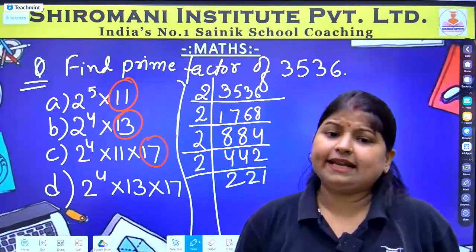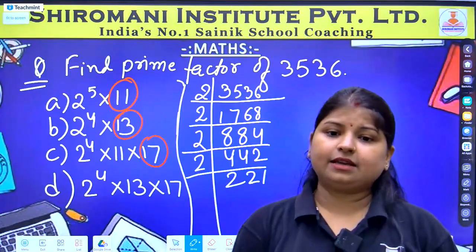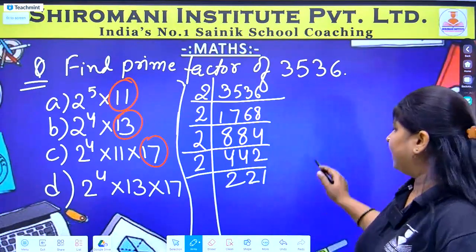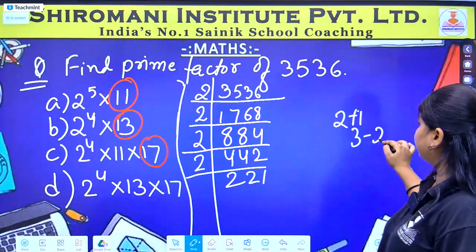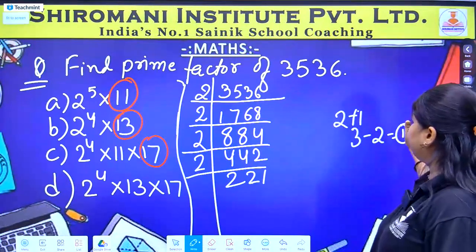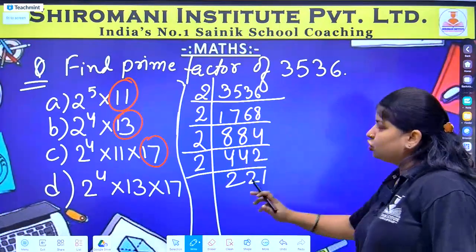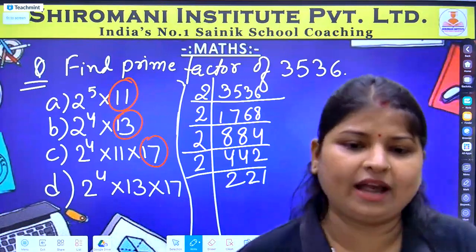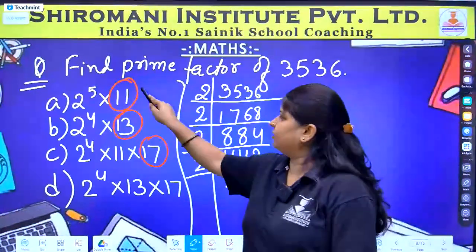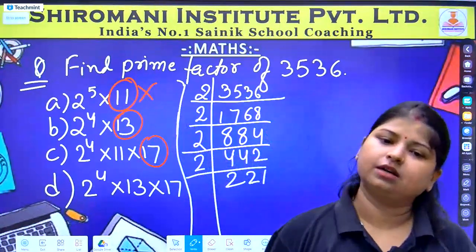But 11, so I know the short trick, right? 2 plus 1, 3. 3 minus 2, 1. Not divisible by 11. That means 221 is not divisible by 11. So this option you can cut.